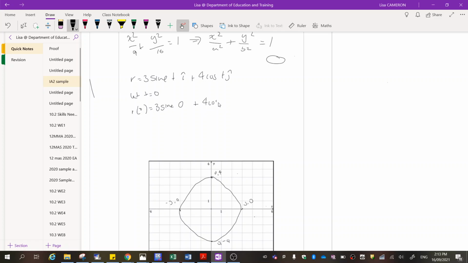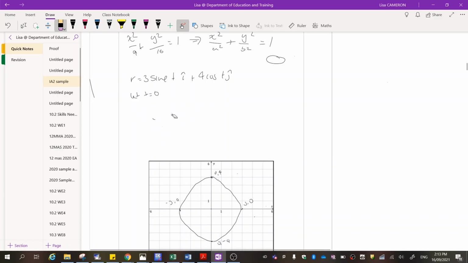Sine of 0 is 0, and 3 times 0 is 0. Plus 4, cos 0 is 1, times 4, that'll be 4. So we already know this point of 0, 4. This confirms that what we're doing here is right. You don't need this step, but it confirms it.